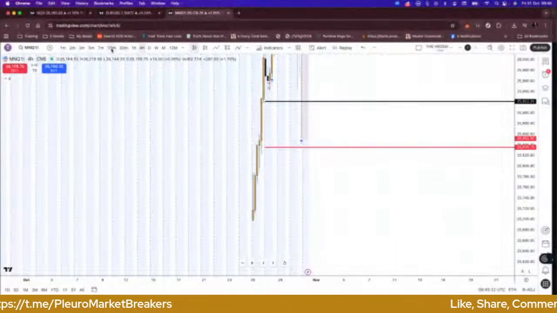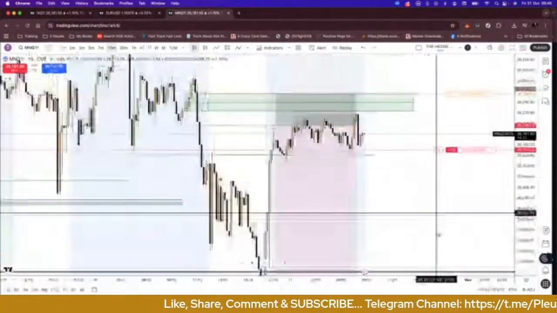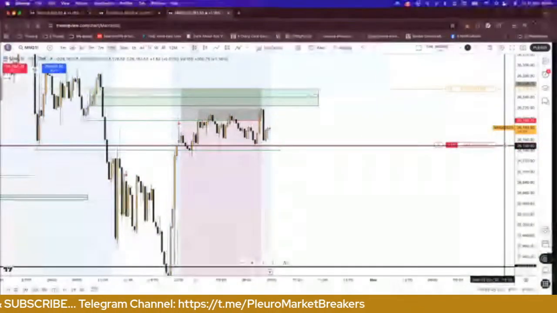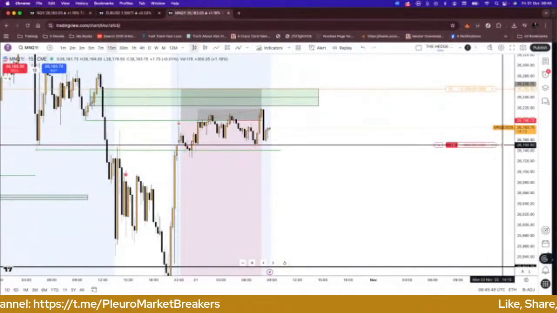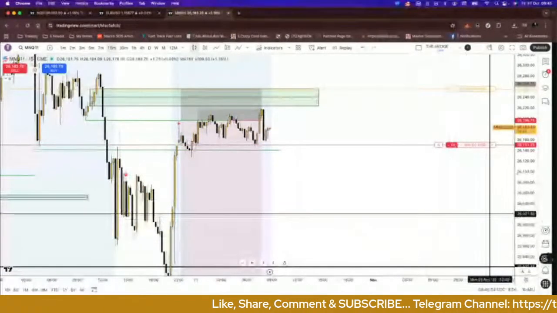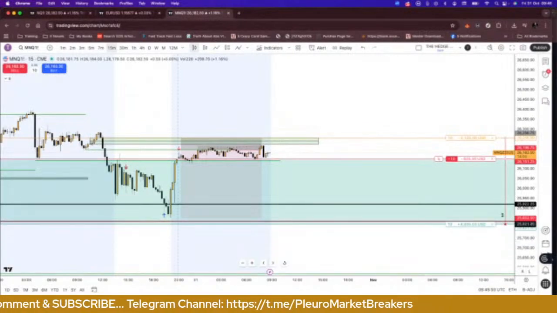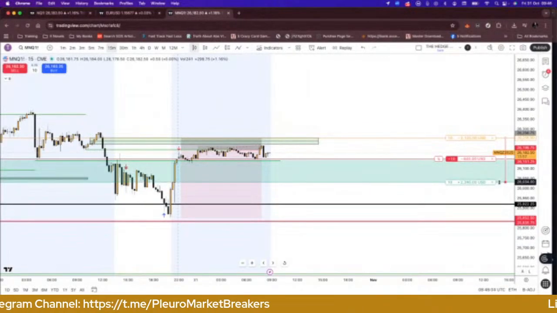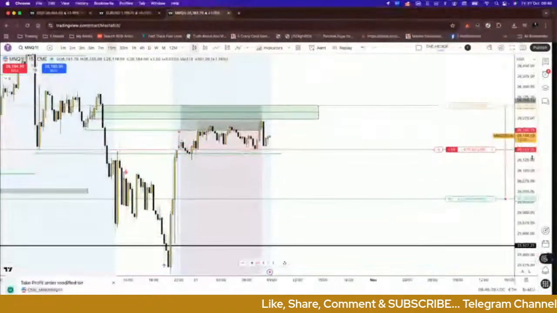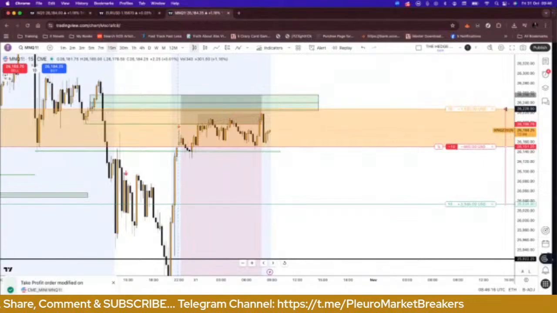So let's refine it now. This way. And suddenly, this overnight trade doesn't look so appealing anymore when you refine it that way.